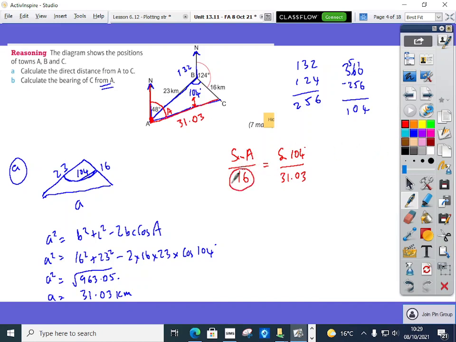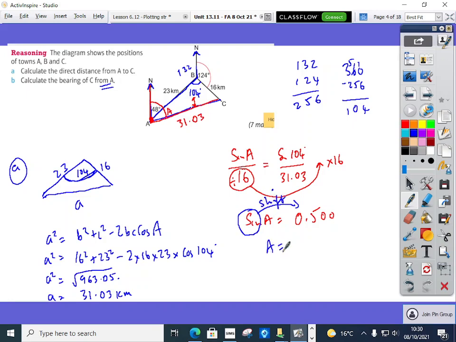Now what is it doing here? It's dividing. So the opposite of divide is times. So I get sine A equals, now please follow me, I'm making sure I'm getting this right, sine 104 over 31.03 and then multiplied by 16, you'll get 0.500, etc. And now I need to find what A is, so I need to take the function to the other side, so I need the inverse, so I must press shift.